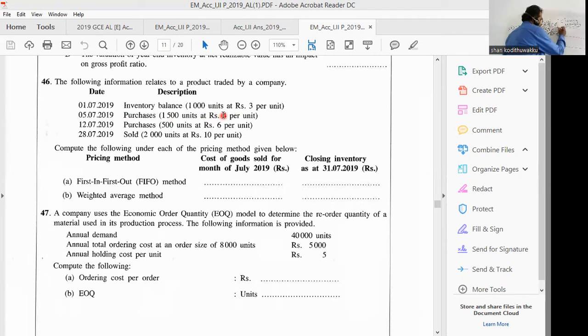You can take from the first purchase 500 at 4, plus the second purchase, totally available 500 at 6.